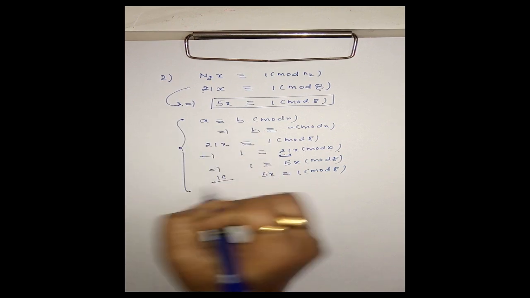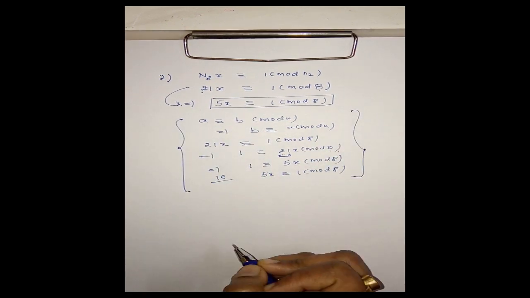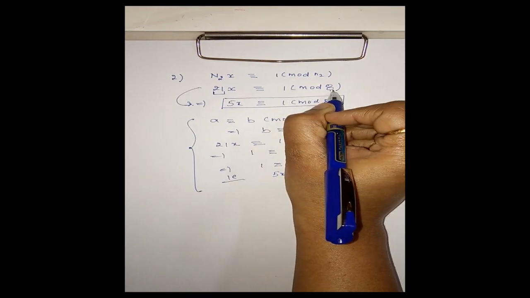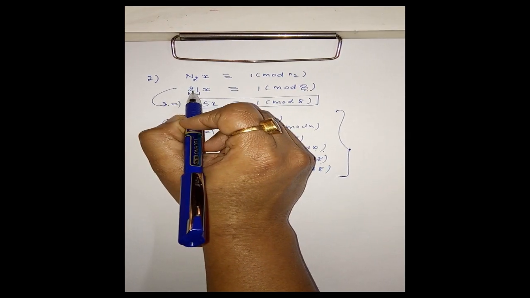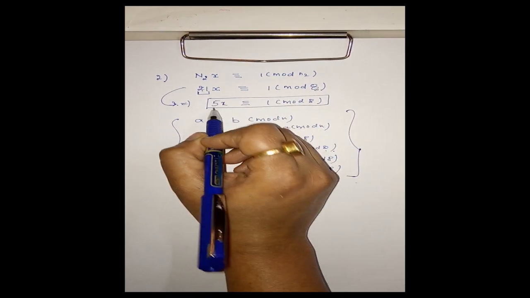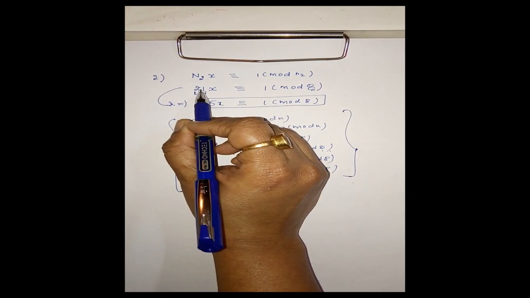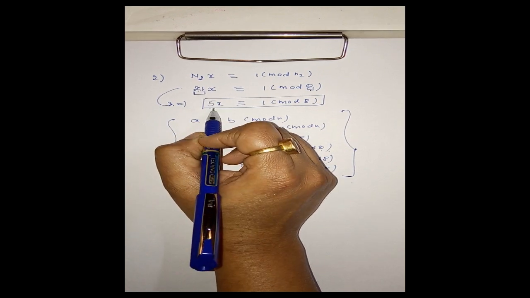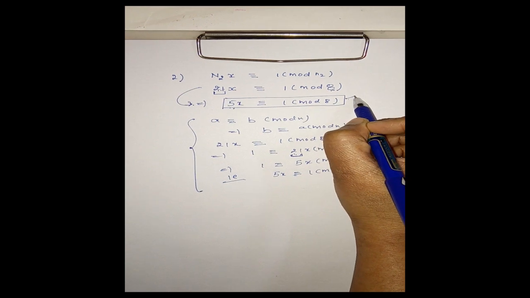Clear? Since 21 is more than 8, we divide 21 by 8 and the remainder is used instead. Now we will solve this congruence.